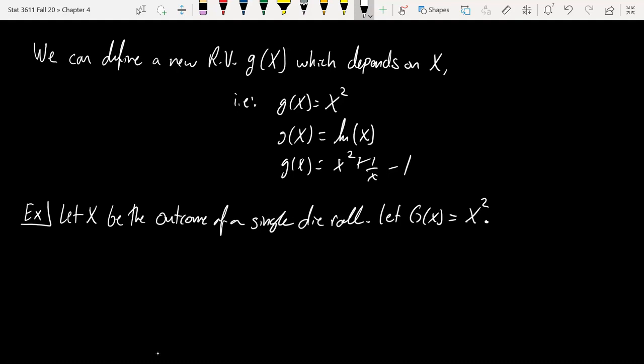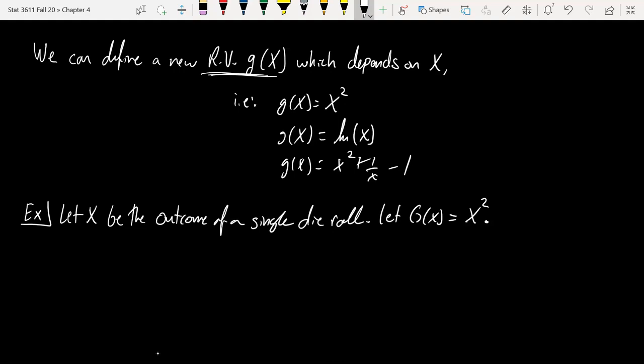Well, first, let's get a handle on what's happening with capital G of x, because g of x is a random variable. If we know the probability distribution of the random variable, we just apply the definition of mean or expected value to find the expected value.